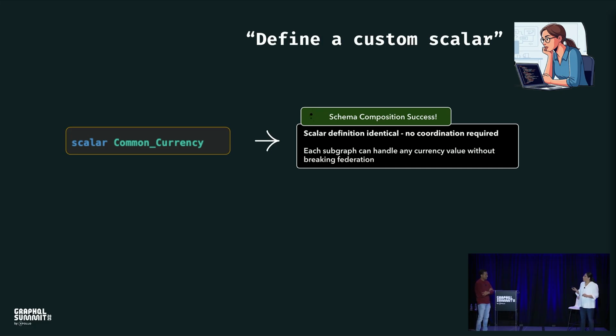Notice that there are no specific currency values in the schema. So the scalar definition becomes exactly identical across all the subgraphs. So evolution of the scalar can be done independently by each subgraph, and there's no coordination required. Each subgraph can handle any currency value without breaking federation.